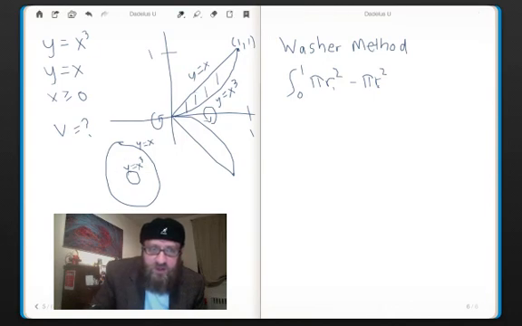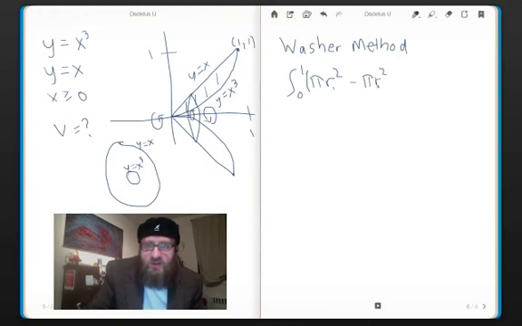Maybe it's this one right here. Right in here, that's the washer. But of course this is calculus, so we're going to do this infinitely along the curve from 0 to 1. And so our change in x, which is the width of the washer, is dx.